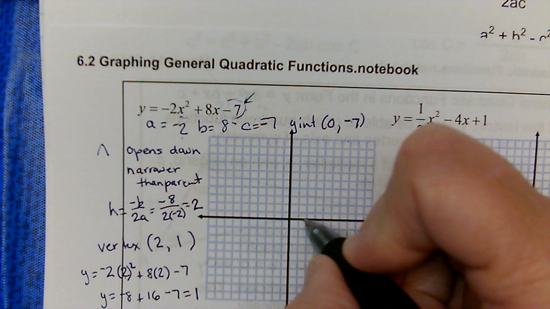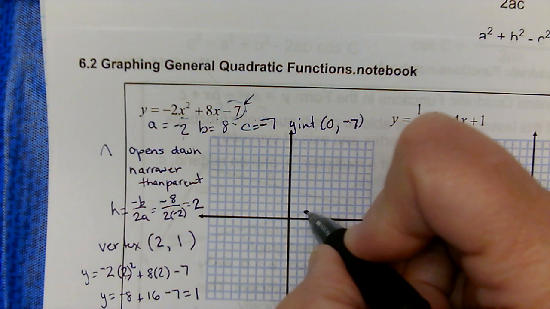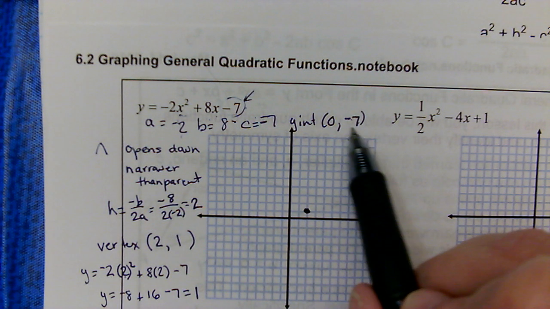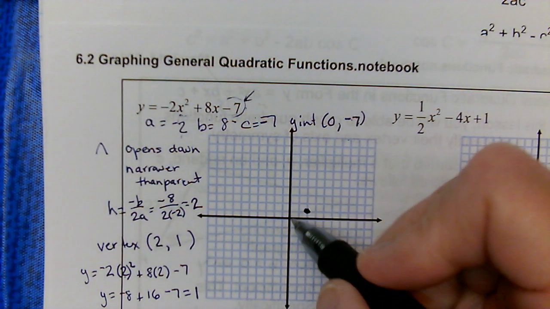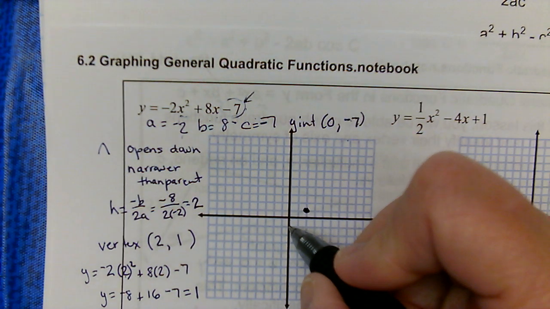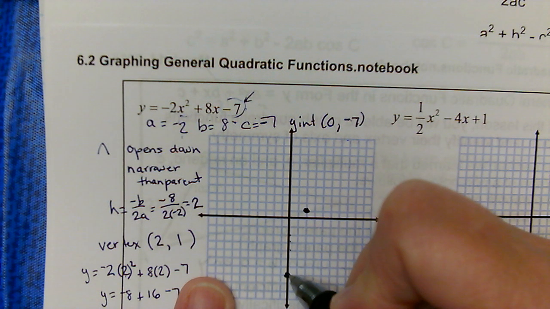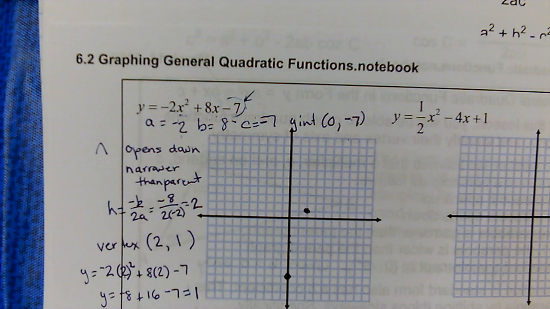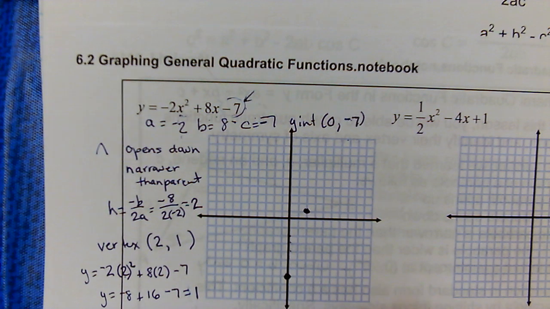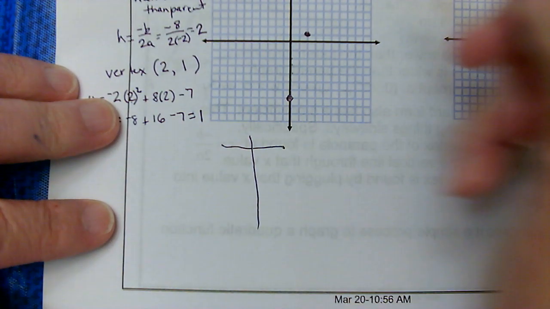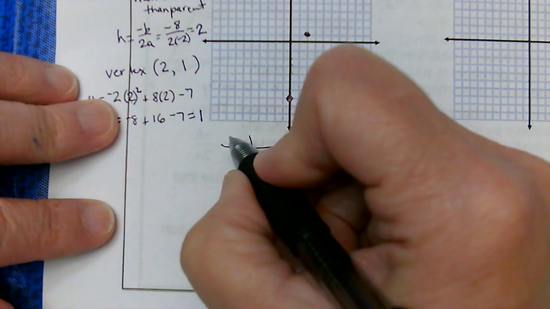So I'm going to go ahead and plot 2 to the right, 1 up. That's going to be my vertex. Remember, we said the y-intercept is going to be 0, negative 7, so I can also plot that. So 1, 2, 3, 4, 5, 6, 7. And now, when I make my little chart, remember, I'm going to make it only for y equals ax squared.